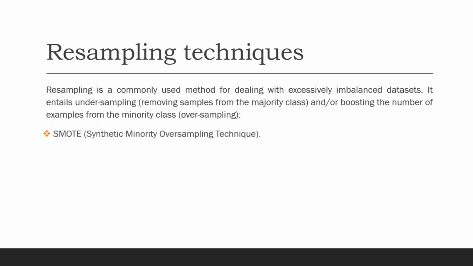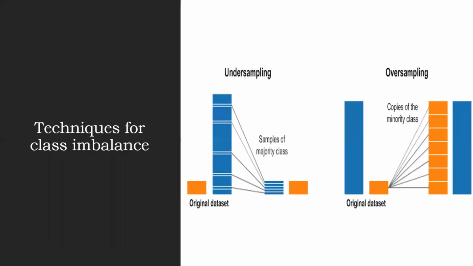So we have quite a few techniques for resampling. The first one is SMOTE. The second one is random undersampling. And the last one is random oversampling. Techniques for class imbalance, undersampling and oversampling, look like this.